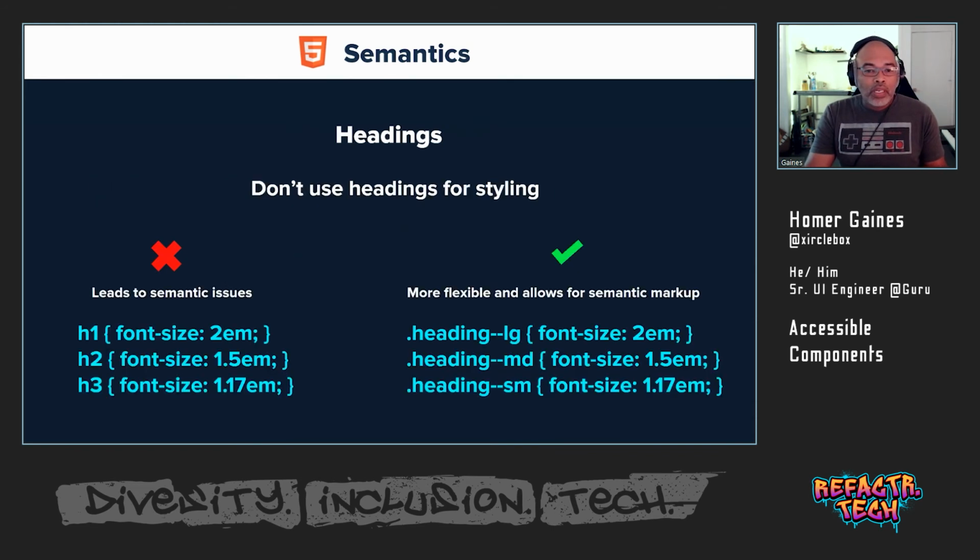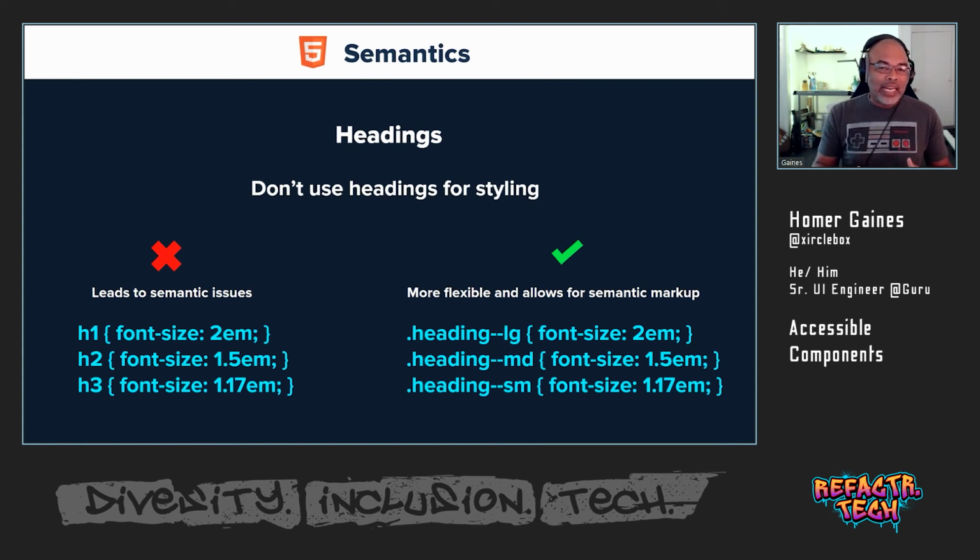Another thing you don't want to do, and designers, I would caution you with this when you're putting together your layouts, is that you don't want to use the actual element for styling purposes. What I mean by that is that some designers will use an H1 for larger headings because that's how it will natively render.